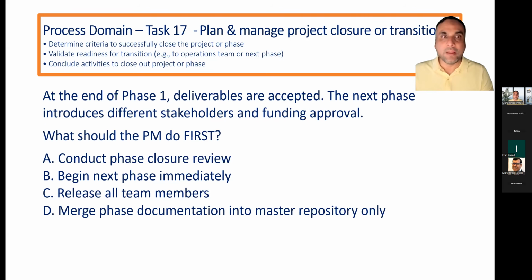Next, at the end of phase one, deliverables are accepted. The next phase introduces different stakeholders and funding approval. I have just explained that. What should the PM do first?